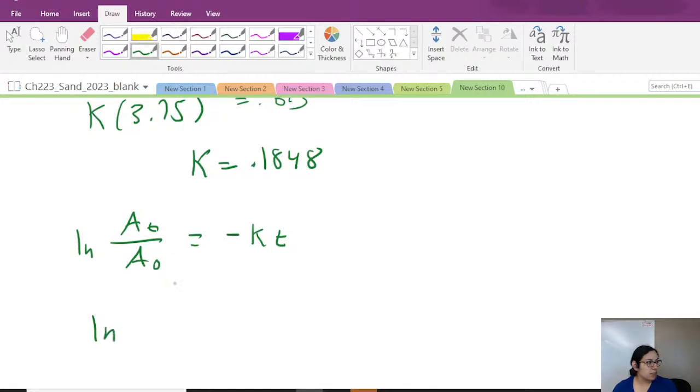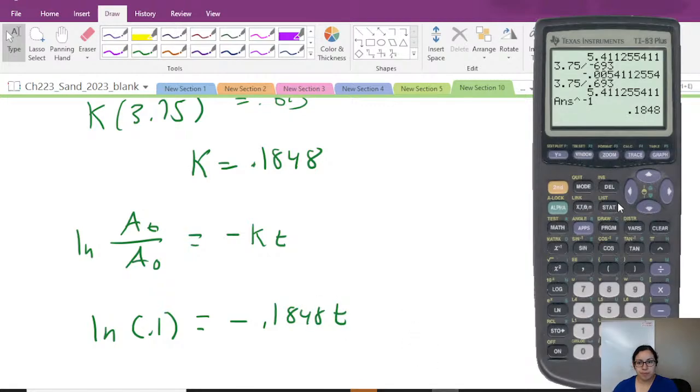So the natural log of 0.1 is equal to negative 0.1848 T. We at least get the same answer as the answer key, but I don't really know what she did for her math trick.